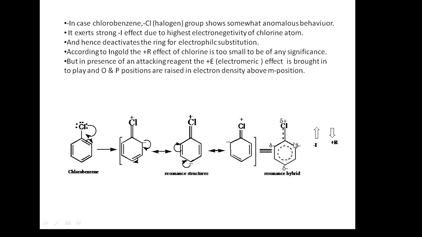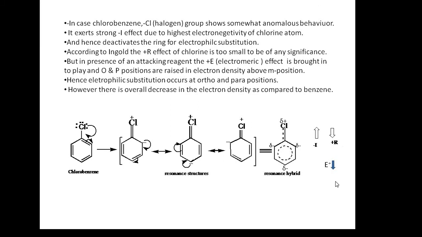So this happens in the presence of the attacking reagent. That temporary effect is known as the electromeric effect. So the E+ effect will be there along with the weak +R effect. So the overall effect is a decrease in the electron density as compared to the benzene ring. It happens in chlorobenzene.